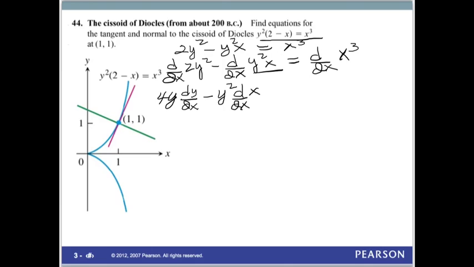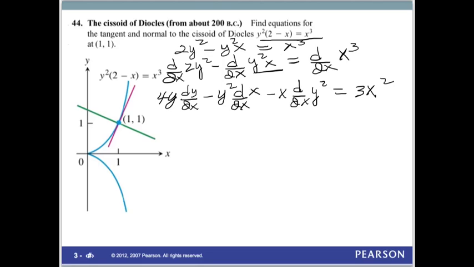And of course, that's going to be 1 when we come back to do it. Minus the second times d/dx of y squared equals d/dx of x cubed, which is 3x squared.